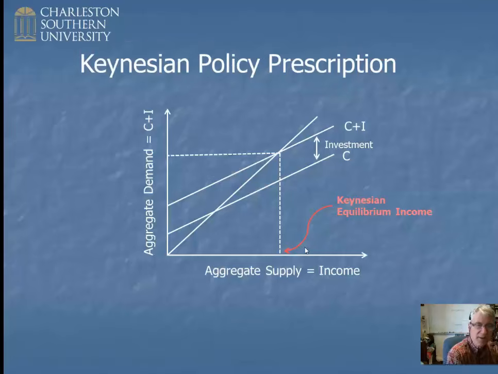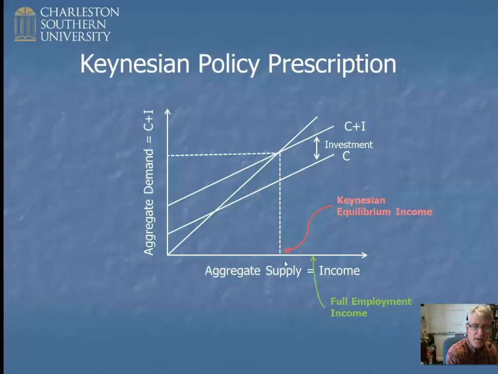Okay, so now given this kind of way of thinking about the economy, what is the Keynesian policy prescription? Well, Keynesian policy comes in because oftentimes equilibrium income will be different from full employment income. For example, let's just imagine that full employment income is over here, somewhere to the right of equilibrium income.